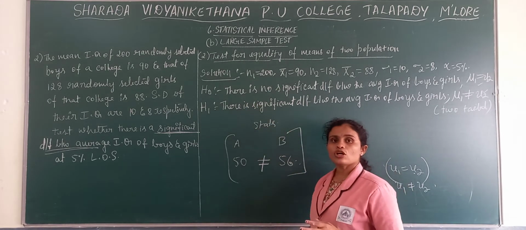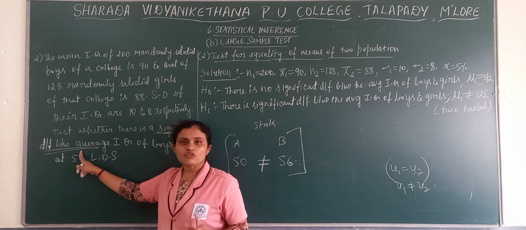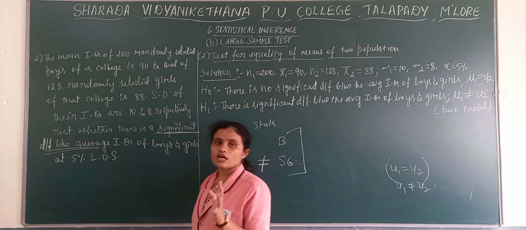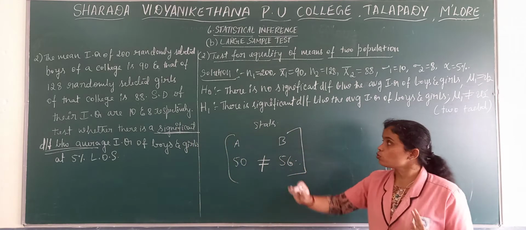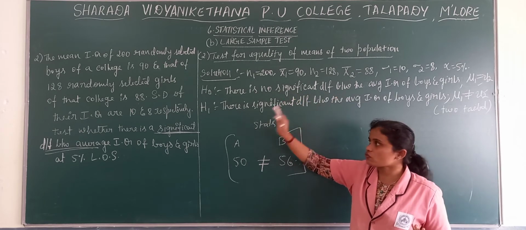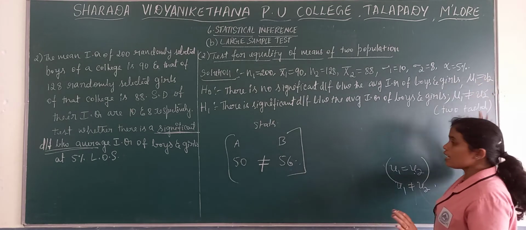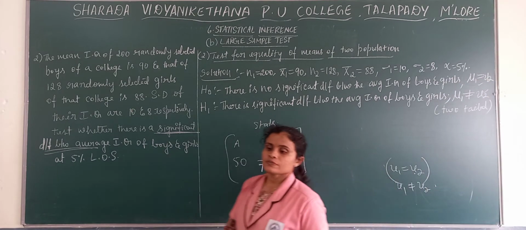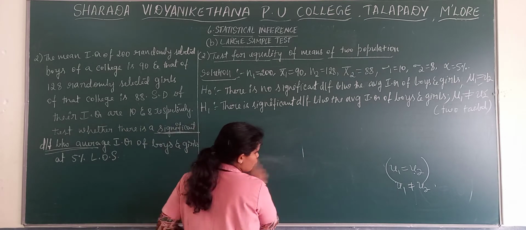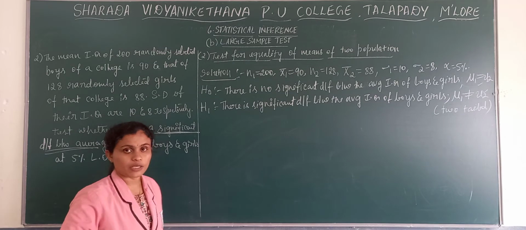If that word comes where you need to compare between two, you make the null hypothesis there is no significant difference, the alternative there is significant difference. It is equal and it is not equal. Now next we will move further. I hope it is clear about null and alternative hypothesis.